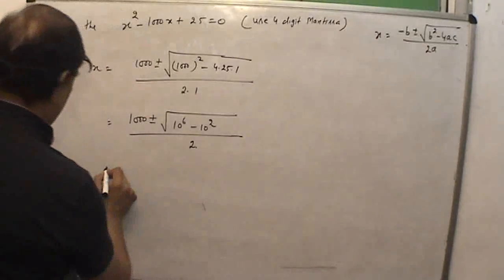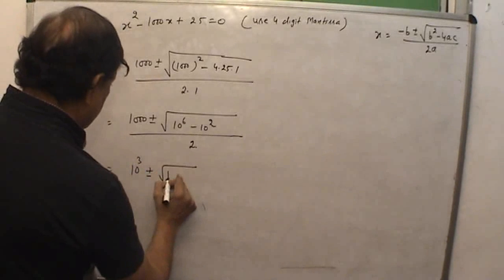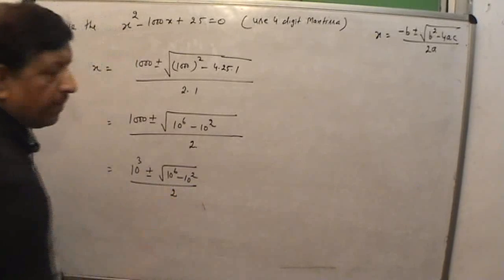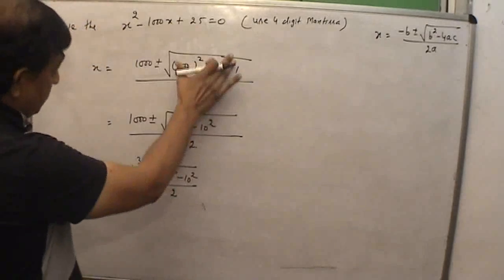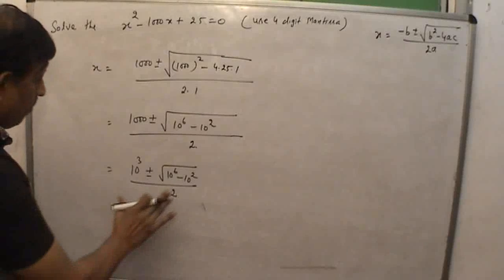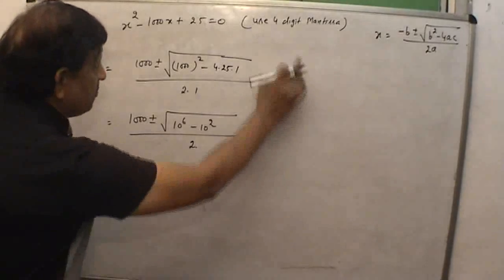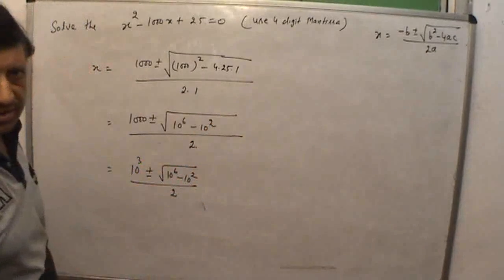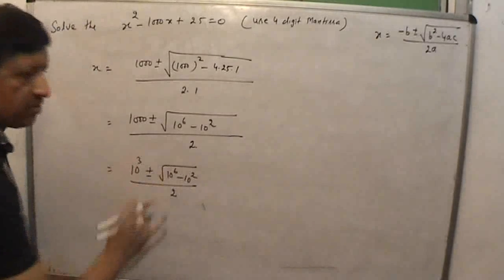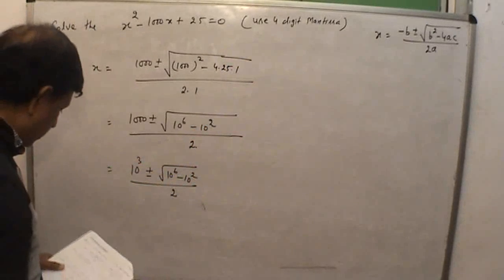Or we can write it as 10 raised to the power 3 plus minus under root of 10 raised to the power 6 minus 10 raised to the power 2, divided by 2. Now, this is calculated according to that formula. Further calculations depend upon this given system using the 4-digit Mantissa. Then we will have to convert these figures into the standard form, that is the 8 decimal point representation.